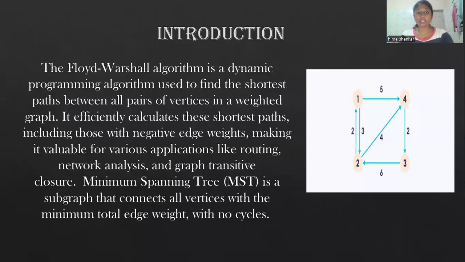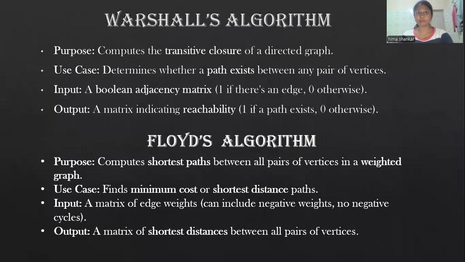It efficiently calculates shortest paths, including those with negative edge weights, making it valuable for various applications like routing, networking, robotics, etc. A minimum spanning tree is a subgraph that connects the graph's vertices with minimum total edge weight and with no cycle. So it is an acyclic graph.